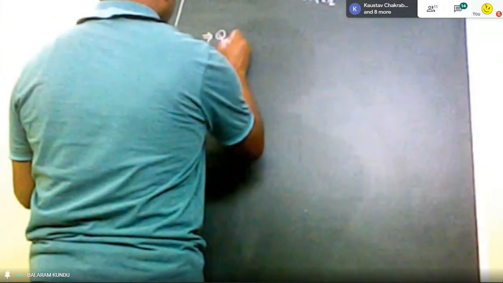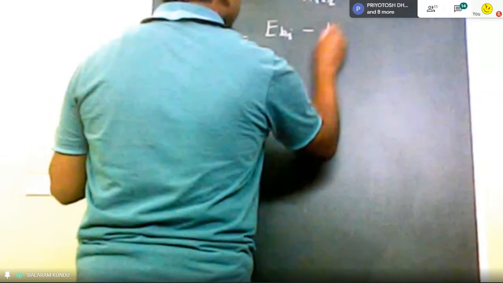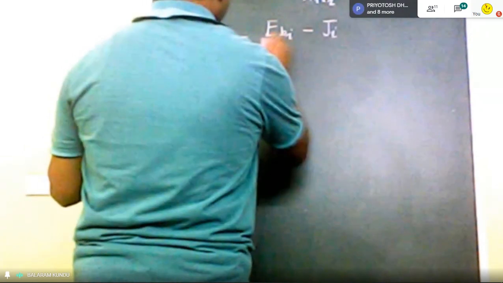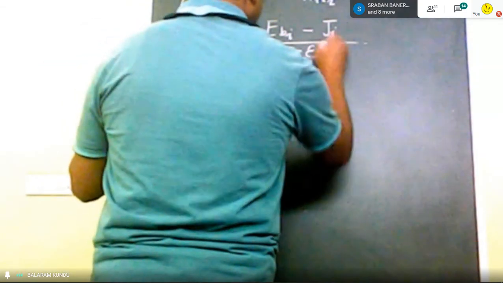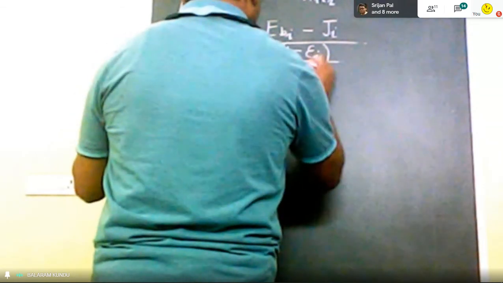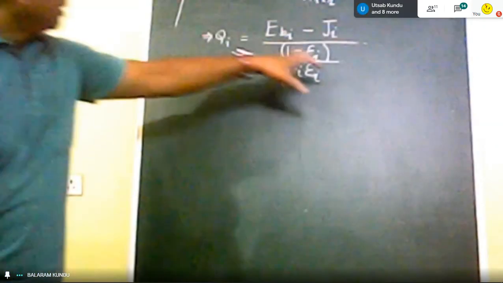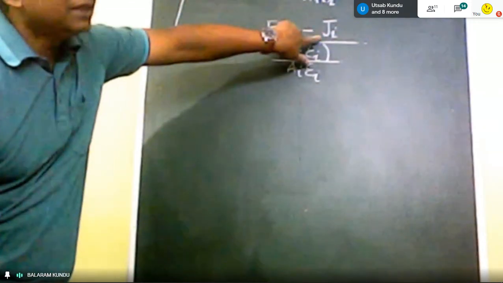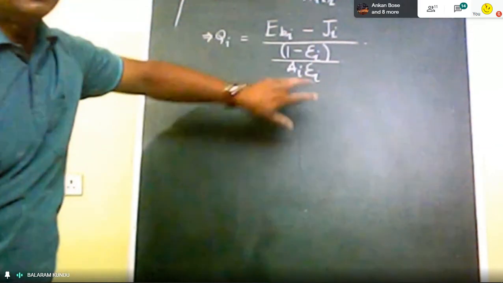So Qi here, you write Qi that is equal to EBI minus JI divided by (1 minus epsilon I) divided by AI epsilon I. So this is the potential difference, EBI minus JI, divided by one resistance.